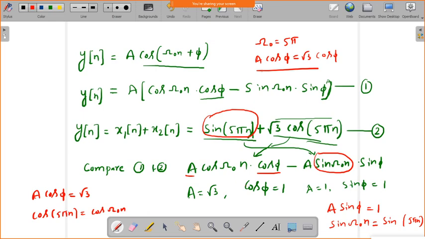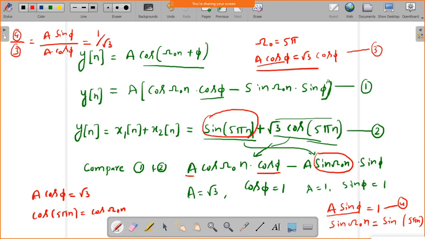So now you take this A cos phi and A sin phi and divide them. If you take this as equation 3 and this one as equation 4, and take the ratio 4 by 3, which is equal to A sin phi divided by A cos phi, what is A sin phi, which is 1, and A cos phi, which is root 3.